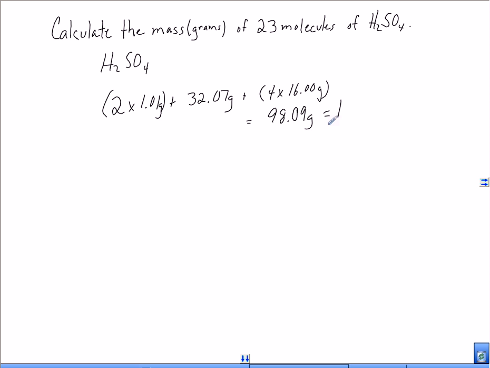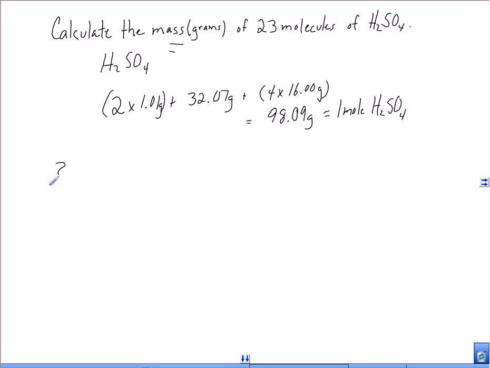Basically that means that I have 1 mole of H2SO4, and that's the molar mass. So I'm going to use this in my calculation to help me convert, because I have to solve for mass to get my answer.